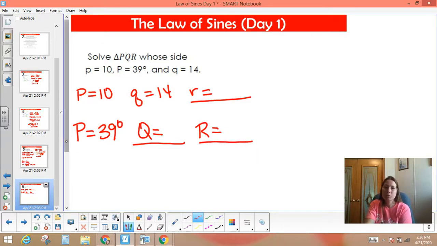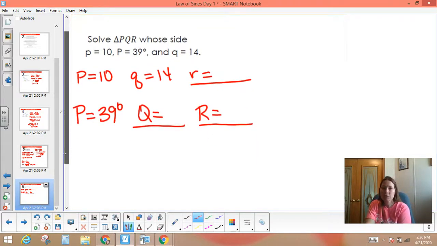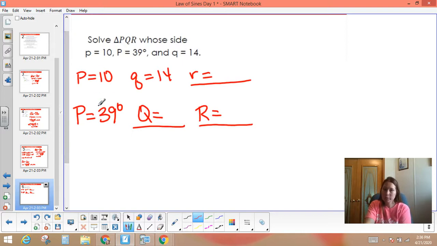All right, so when you're looking at what do I find first, you start with your matching pair. That's always the first thing that you write down. So I'm going to switch my colors up and see if that helps y'all follow along. All right, so we have the matching pair, so 10 over sine of 39 degrees.